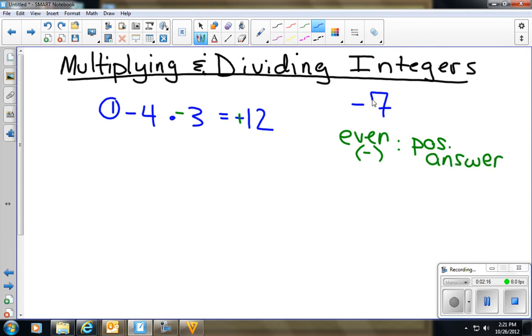And if you have an odd amount, one negative sign, three negative signs, five negative signs, you're always going to get a negative answer. If you can understand that concept, this becomes very, very easy.